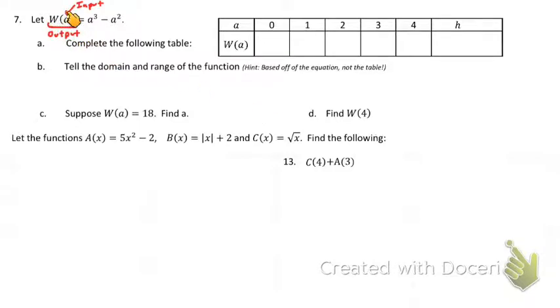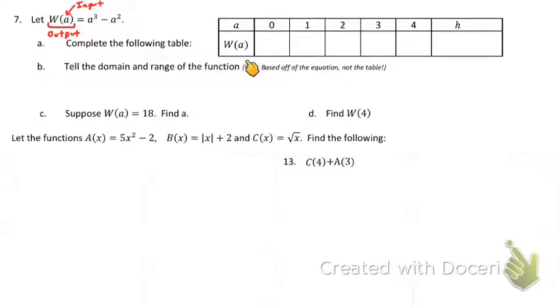All right? So again, this is just how we're going to name our function. The thing in parentheses is our input. So right now, if you look in parentheses for function W, we are inputting the letter A. Okay? So whatever goes in parentheses next to the name or the letter of your function is the thing you are plugging in. Okay, so we're plugging in A. That's why we see A here.